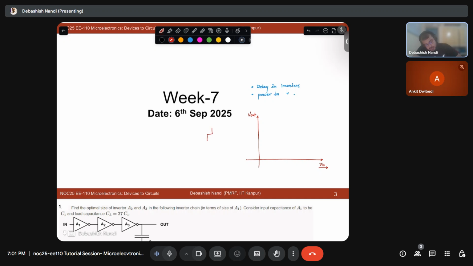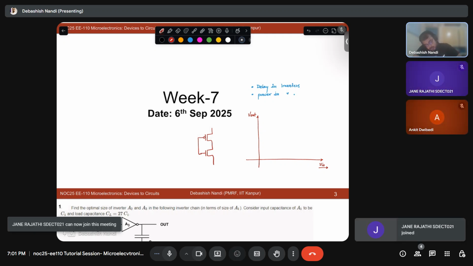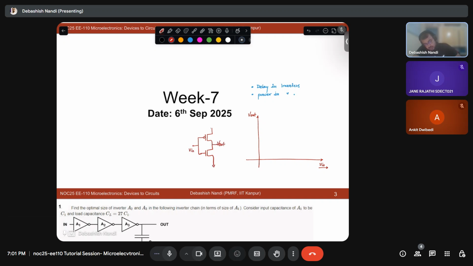So let's say if this is your inverter, this is your input, this is your output, and this is your VDD. Let's assume that everything is ideal for the moment. So you will have your VTC, a very steep window, something like this. So let's say this is your VDD.